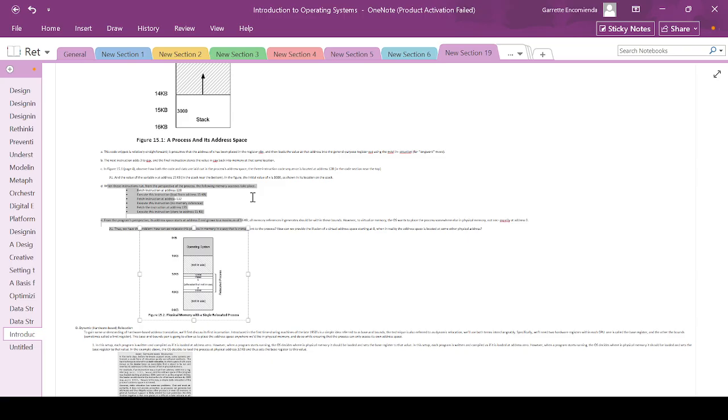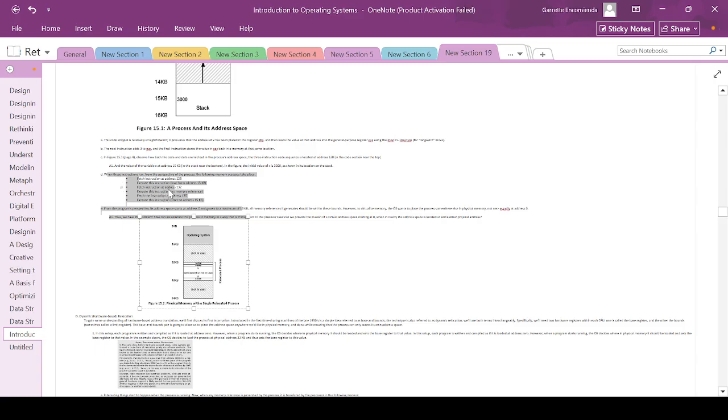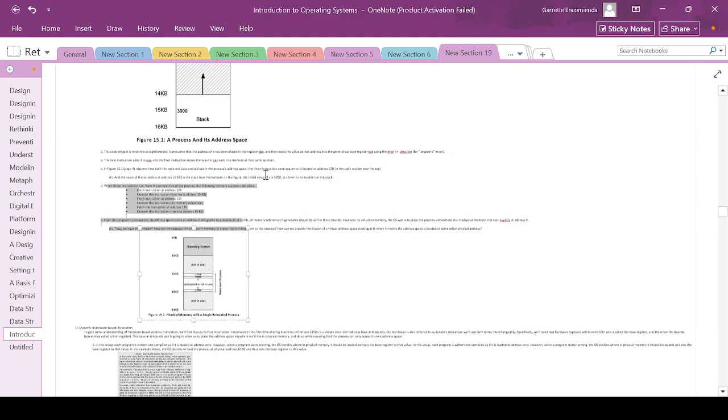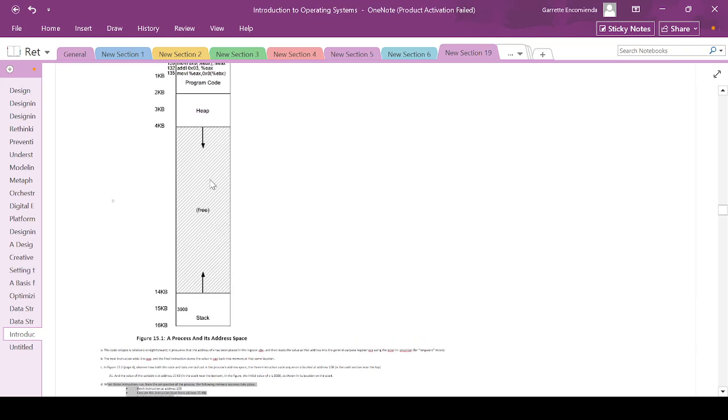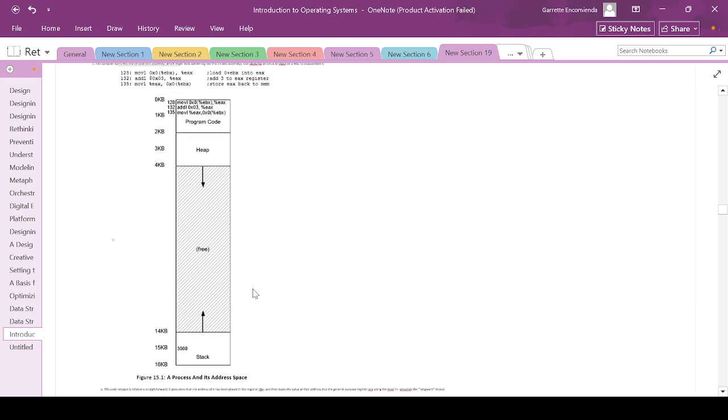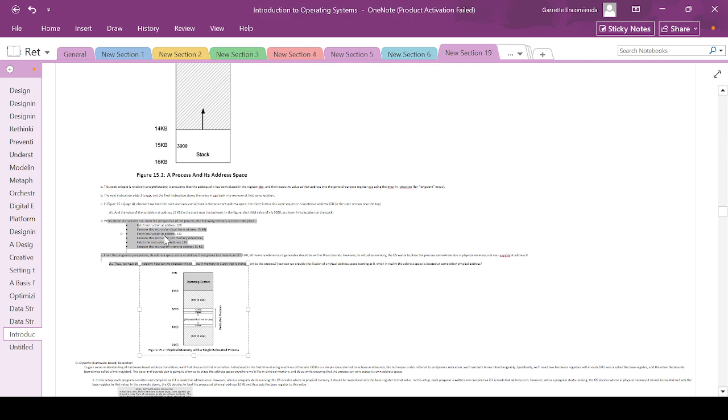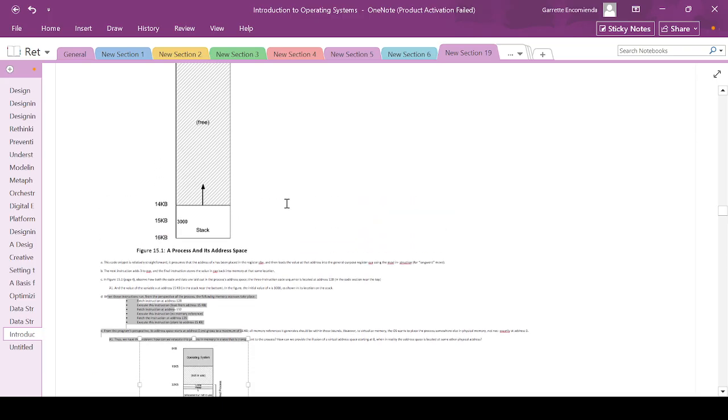So here it is: fetch instruction at address 128. Execute this instruction: load from address 15 kilobytes. So we need to load from 15 kilobytes because that's where our variable lies. Fetch instruction at address 132.